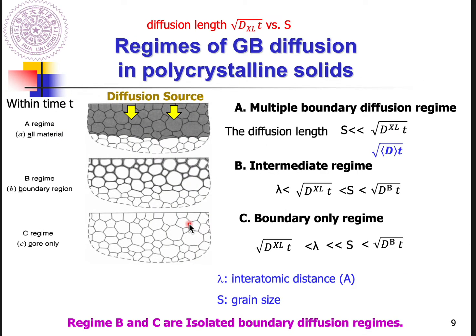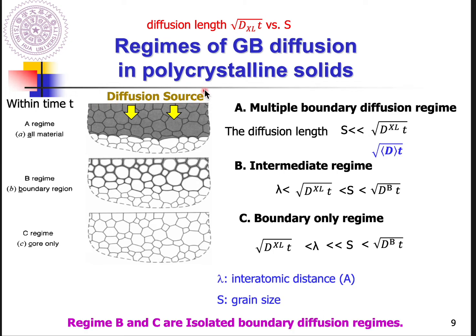Okay, so next we are going to show you that there are three different diffusion patterns or regimes in polycrystalline materials. We call them the A regime, B regime, and C regime. Within time t, you can observe three different diffusion patterns of grain boundary diffusion.